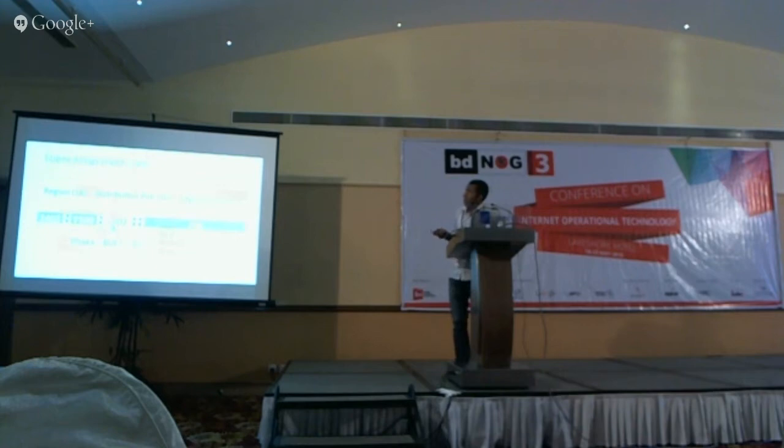Then at the edge router, in this Dhaka region, we have a distribution node, and we have clients like Dhaka University. Here is an example of our plan. For Dhaka we have assigned a /36. Then for each district, there are some distribution nodes.